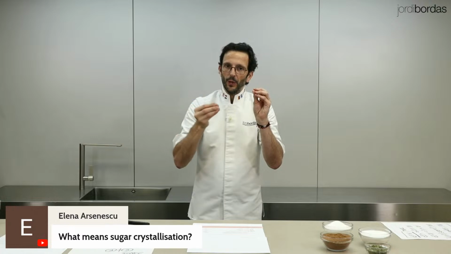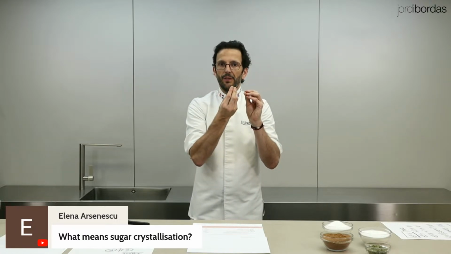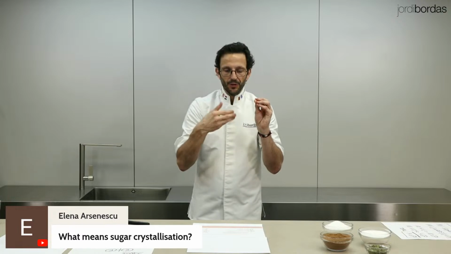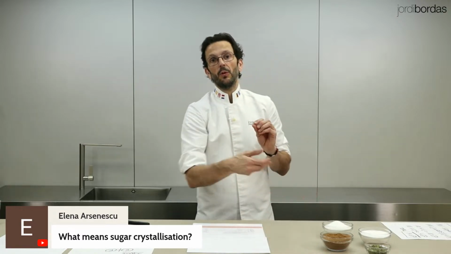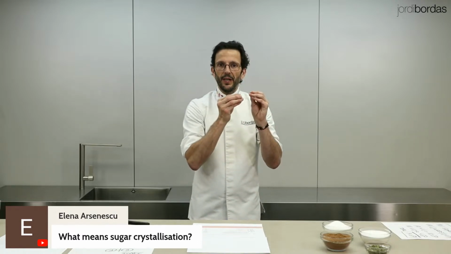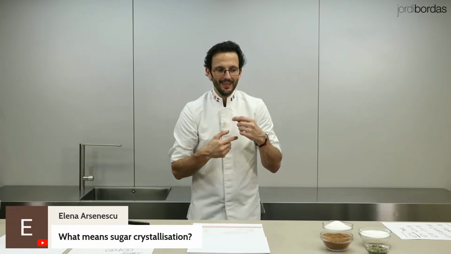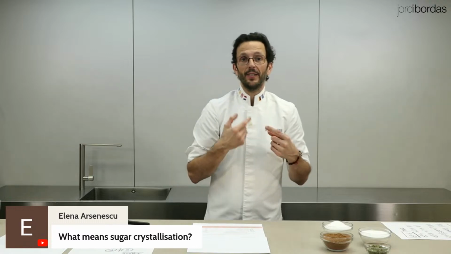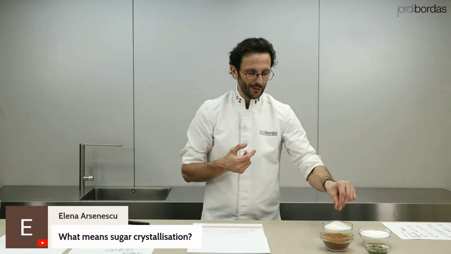What happens when we add glucose, for example, or fructose inside our recipes, by using glucose and fructose directly or by using coconut sugar, because coconut sugar contains glucose and fructose naturally present? This glucose and fructose just avoid this process. That means that they delay the capacity of the sugar, sucrose, saccharose to recrystallize and come back to these textures of crystals.